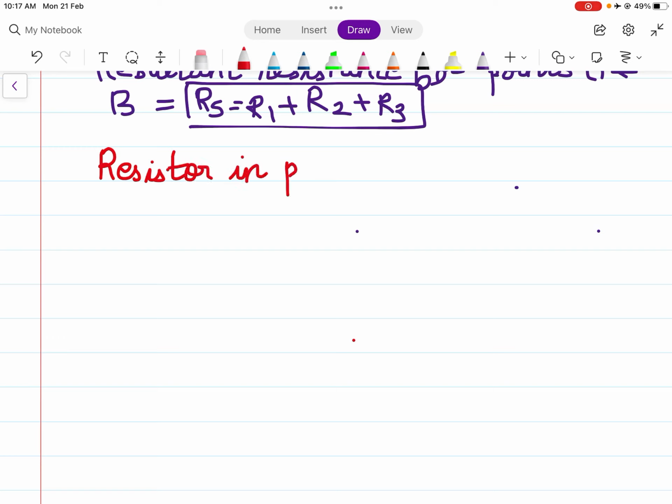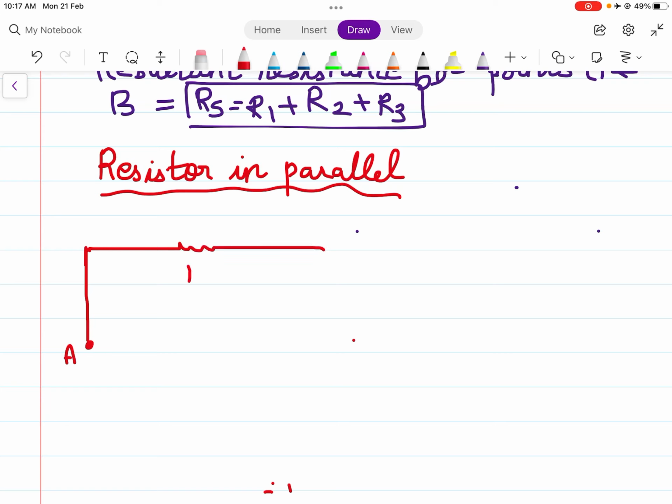Next is resistors in parallel. Resistors in parallel: terminal A is over here, then this is like this, this is like this.